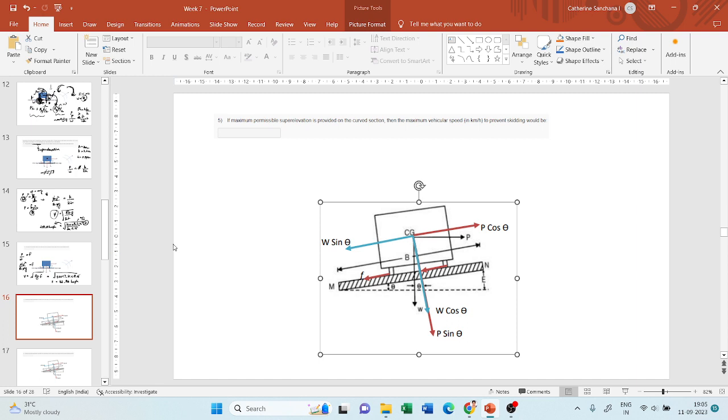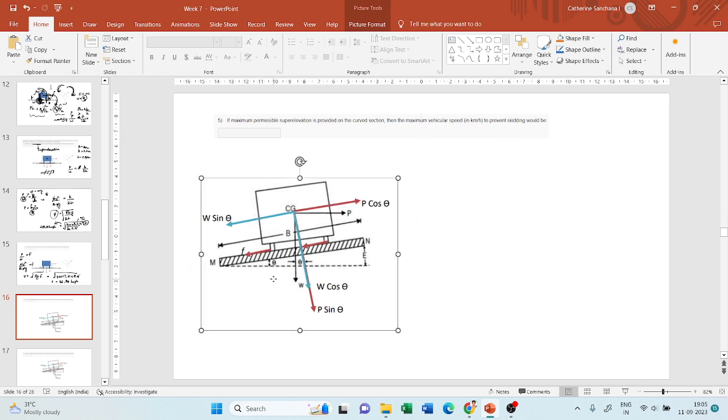If the maximum permissible super elevation is provided on the curved section, the maximum vehicle speed to prevent skidding would be what? Like how we solved for the flat section, first let us derive equations for the raised section. So this is your raised section.